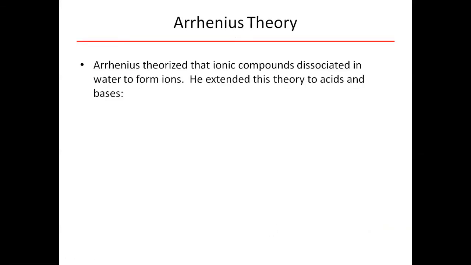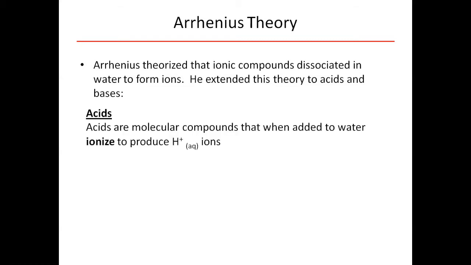Now, what's our theory of an acid and a base? Well, last year you worked on what was called the early Arrhenius definition, where an acid was anything that, when added to water, ionized to produce a proton. Now, ionized is a key word here because it starts out as an entity with covalent bonds.